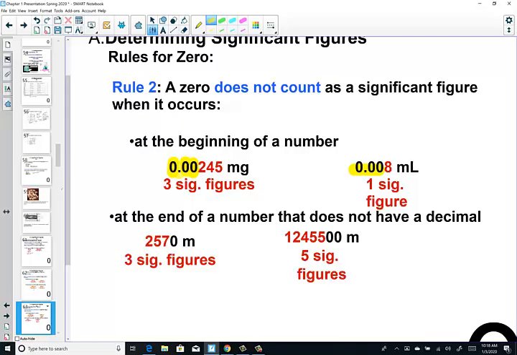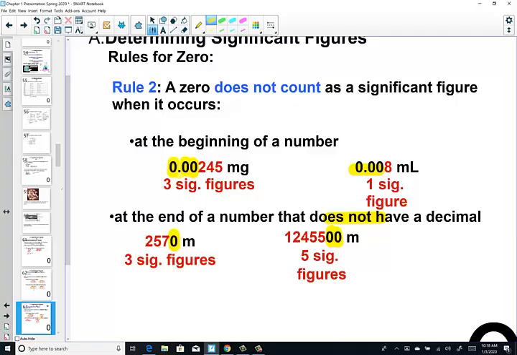The second time a 0 does not count is when they're at the end of a number that does not have a decimal point. For example, 2570 has no decimal point, therefore the 0 is not significant. 1245500 has no decimal point at the end, therefore those zeros are not significant.